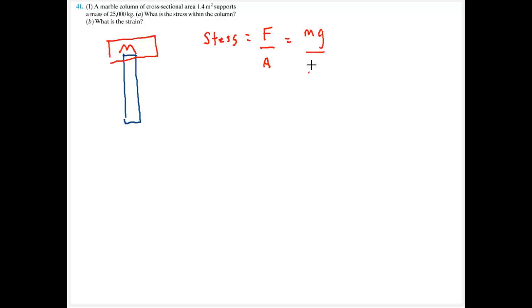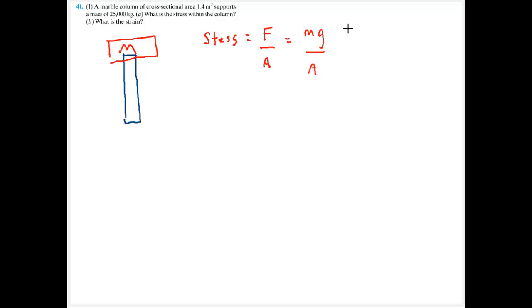So last but not least, I have a Young's modulus question, where here I have a marble column that is supporting some big mass right here. Asked to calculate the stress and the strain. We know that the stress is going to be the force divided by the area, and the force is going to be the mass multiplied by gravity.